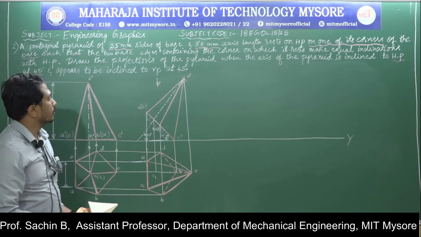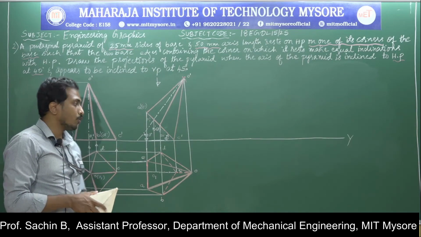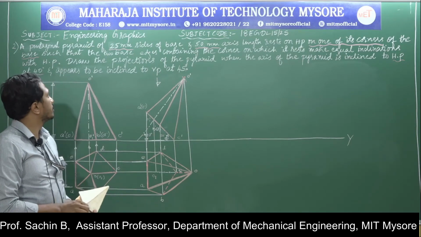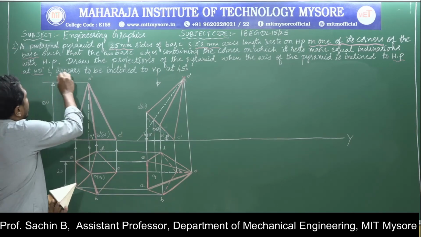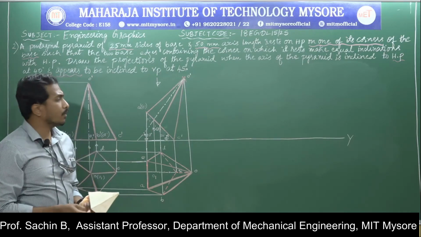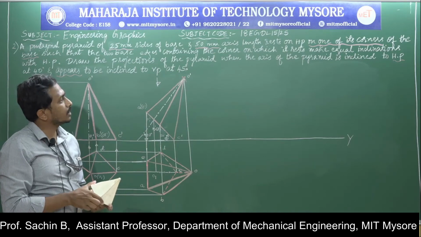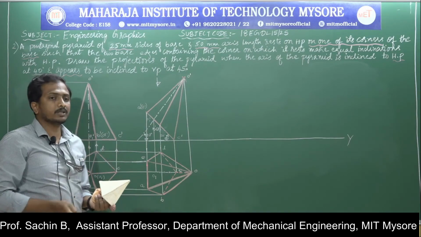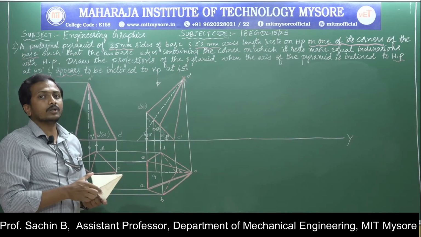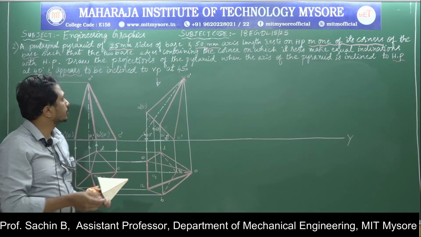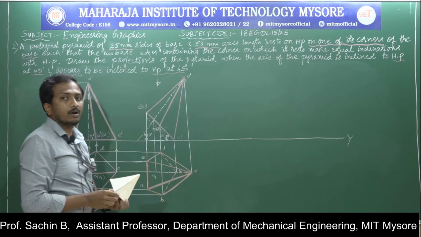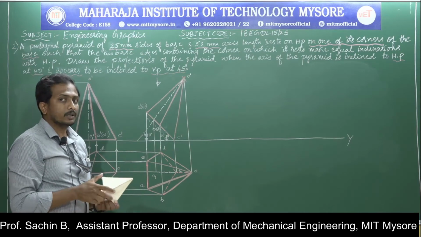Now in this problem, after the second position is over, next we should go for constructing the last position. But here they clearly mention the apparent inclination. If the word appears to be is assigned in any question, if you find appears to be inclined, there is no need of finding out the beta angle, because they have already clearly given the last inclination of the object with reference to the vertical plane.